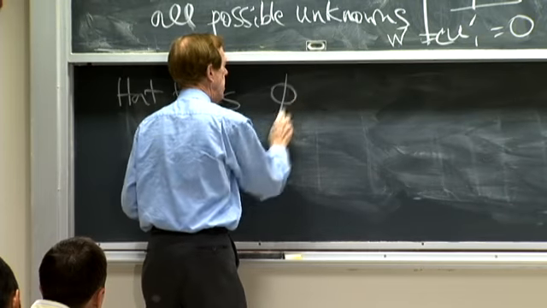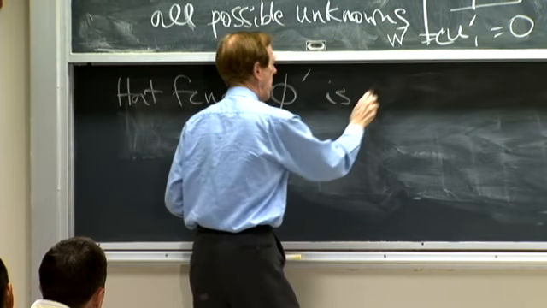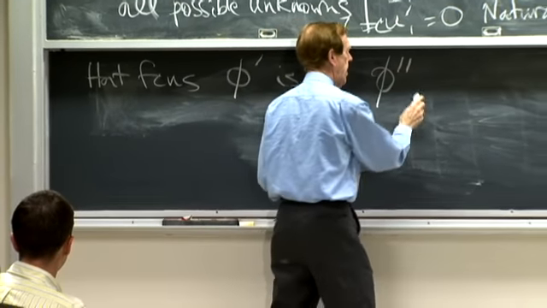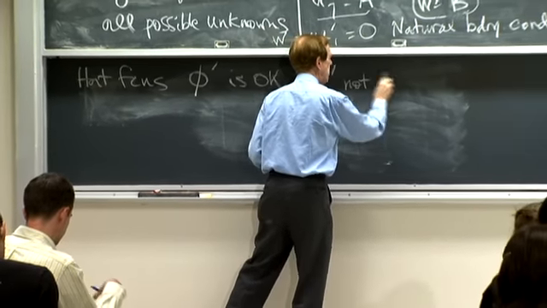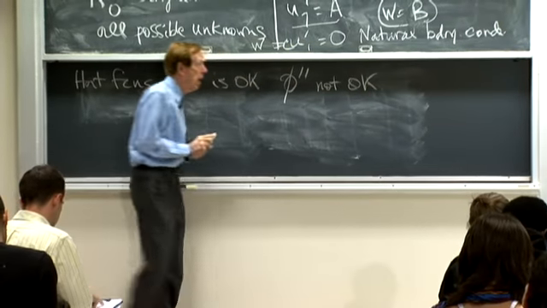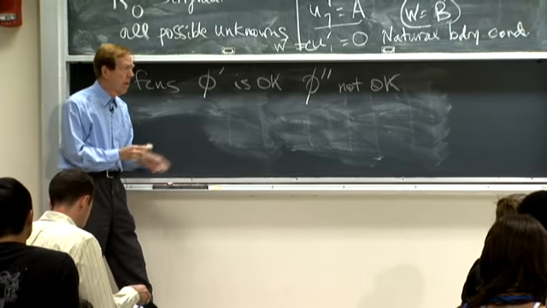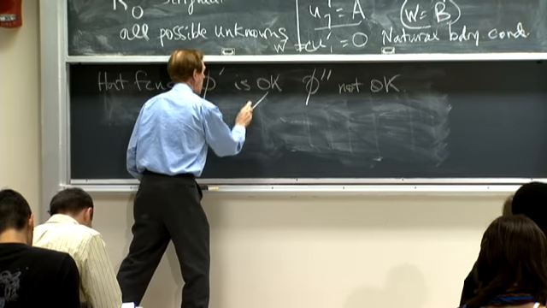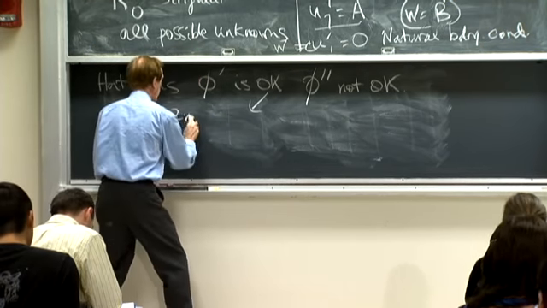phi prime is okay, phi double prime, second derivatives of hat functions are basically, let me just say it in a word, not okay. So this is okay. This is for second order equations.